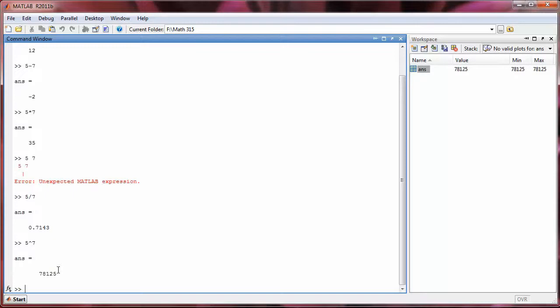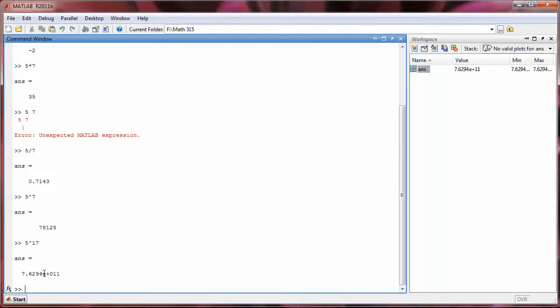Let's say we want to create a bigger number, say something like 5 to the 17th. So we could have 5 raised to the 17. And note, I don't need to put parentheses around the 17. So when I press enter there, now see the answer has switched to scientific notation.